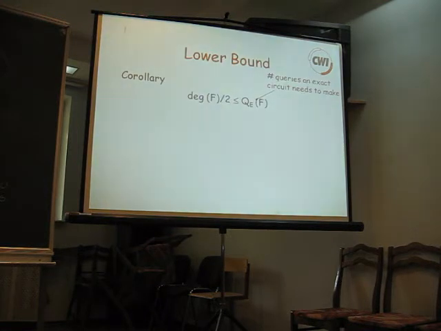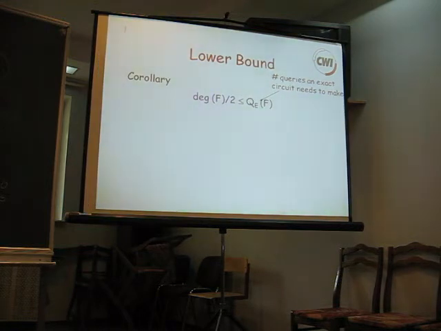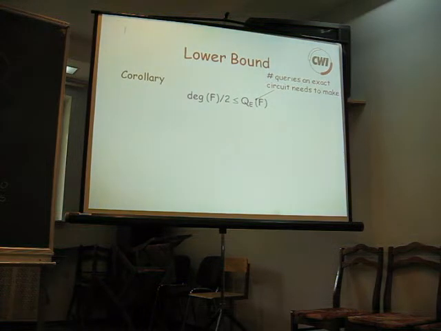Note the following corollary: if I know a lower bound on the degree of my function divided by 2, then I have a lower bound on the number of queries that a quantum algorithm has to make for computing that function f.